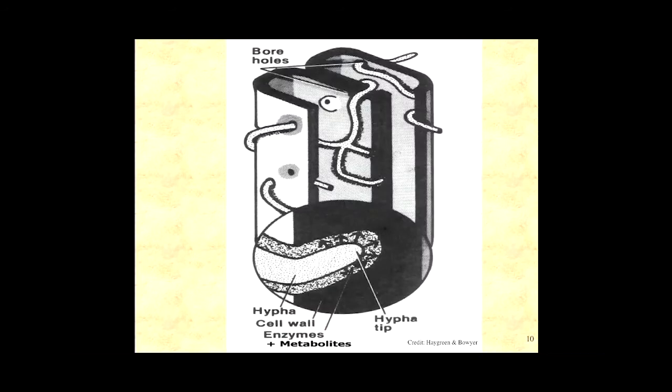This is a pictorial from Green and Boyer's book about what the fungi actually look like here. And they find the easiest path to move through short sections of the wood. So these are the individual wood cells that are magnified from that earlier electron micrograph.